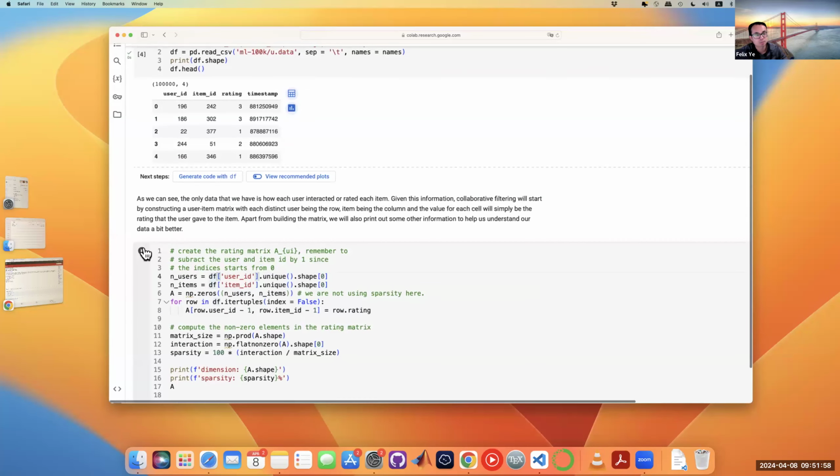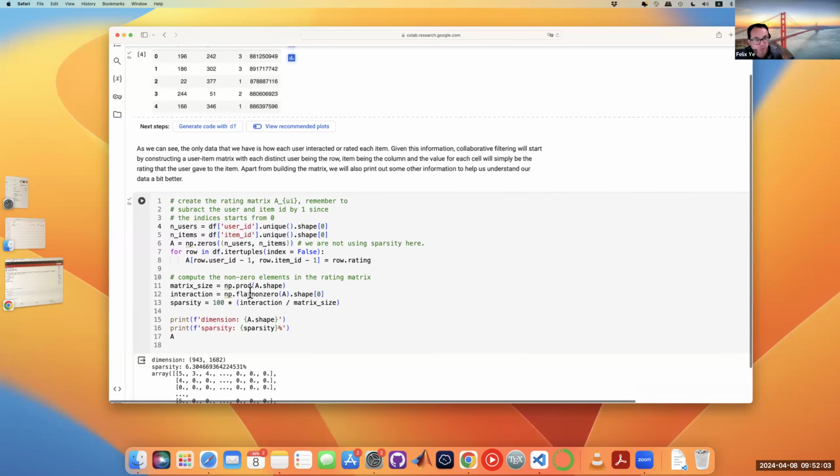Okay, so the first thing we create is the rating matrix. I want to emphasize we need to subtract 1 from the user ID and item ID, since in Python the indices start from 0. So this is the way right here. If we find the number of unique users and unique items, which is unique movies, we actually only have 943 users and 1,682 items.